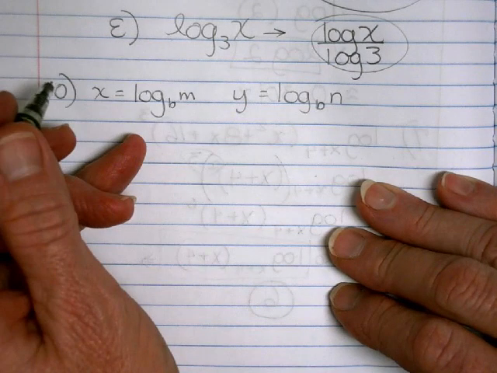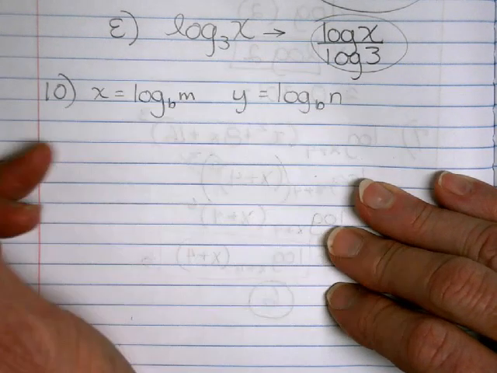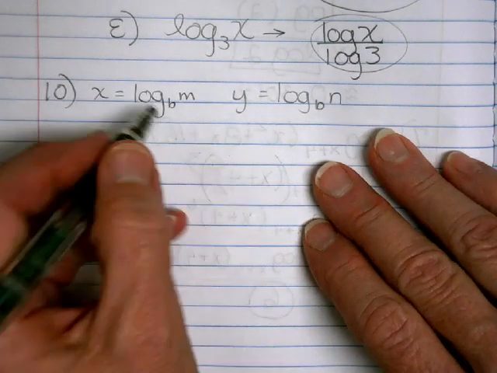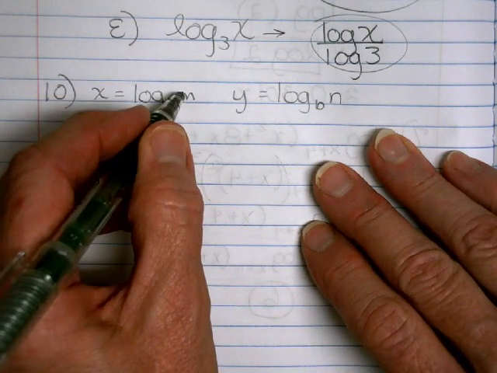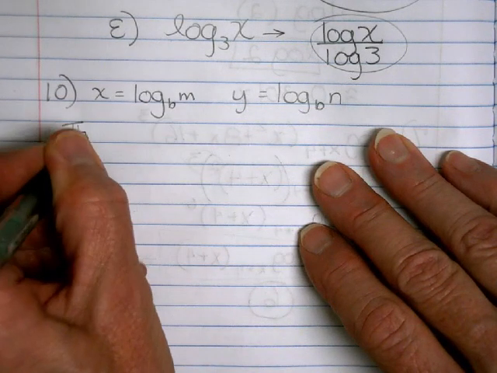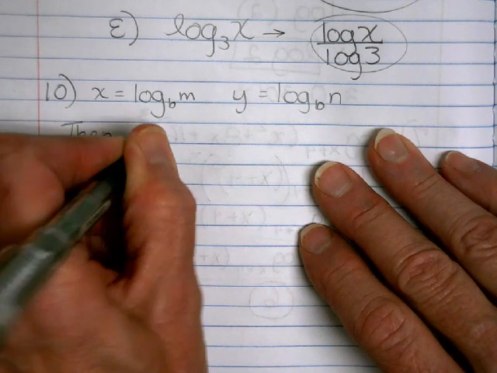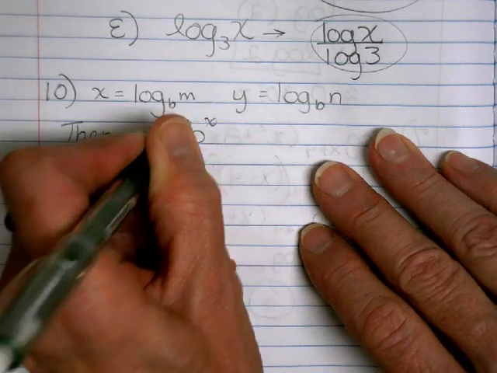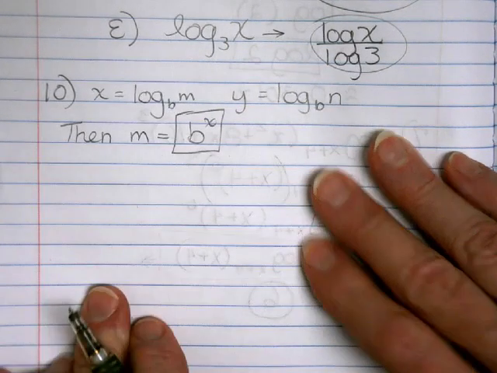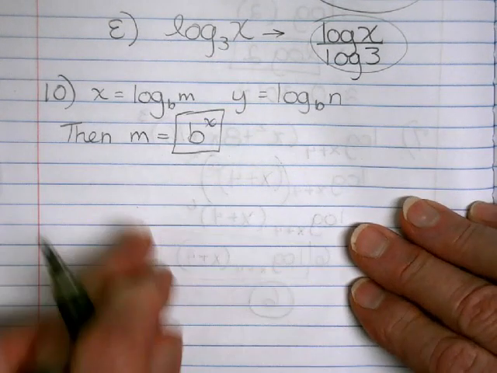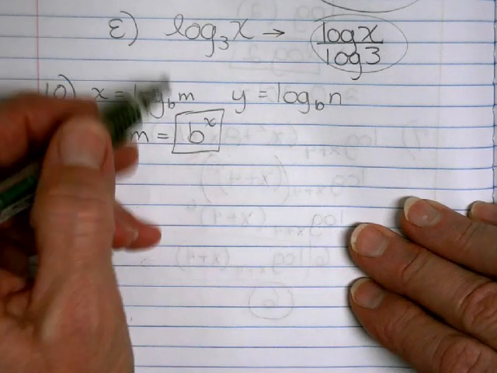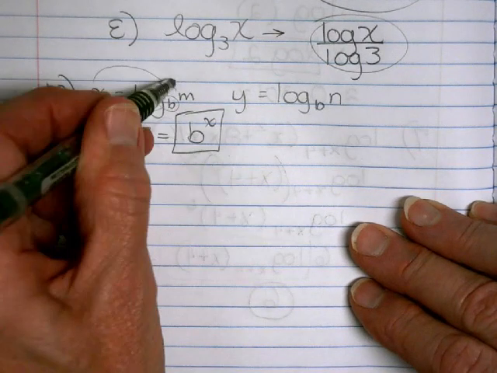It's pretty cool. Okay, they want you to first of all write these two in exponential form. So it's b to the x equals m. So when theirs they have the word then, m equals b to the x. They just rewrote it like we did.